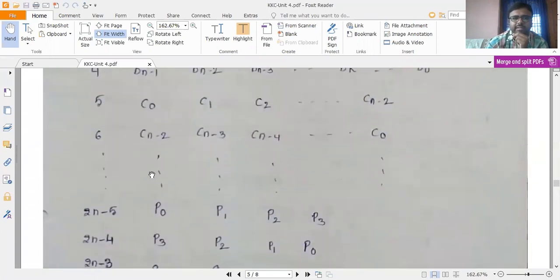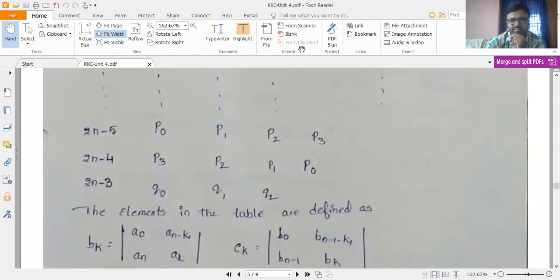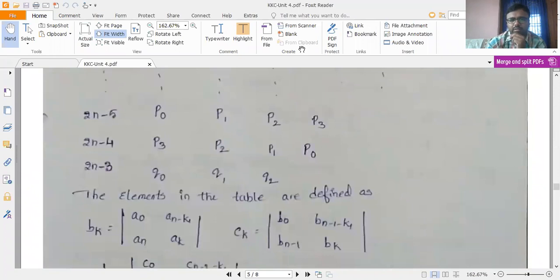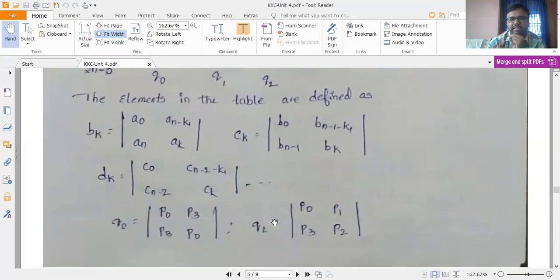So after obtaining the values of bk, that means the third row has been obtained, and the fourth row is going to be obtained from the reciprocals of this particular third row. After that, if you want to calculate the values for ck, this is the particular table we have, and for the calculation of dk, this is the particular table.